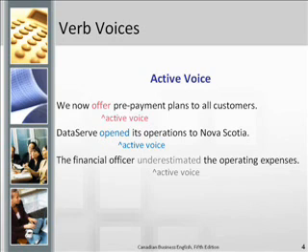The verb is underestimated, the subject is officer, and the object is expenses. The officer underestimated expenses. The subject in this case is clearly controlling the action verb, making this sentence active voice.